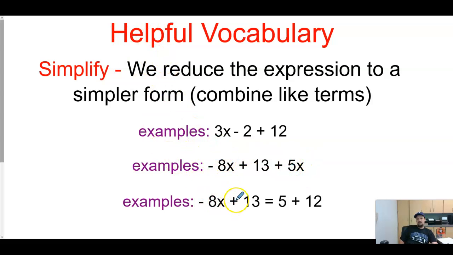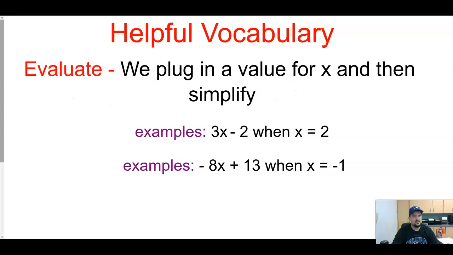Okay, negative 8x plus 13, there should be just a subtract sign. Sorry about that. So negative 8x plus 13 minus 5 plus 12, we would combine the 13 and the minus 5 and the plus 12. And those are some examples of how we would simplify. Basically just like combining like terms.